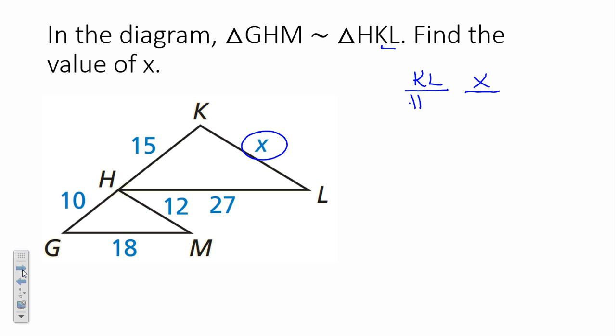HM. So KL is to HM as another pair of corresponding parts are to each other. Okay, so we know HK, right? HK is how much? 15. What does it correspond to in our other triangle? GH, because HK are the first two and GH are the first two. So 15 is to 20.